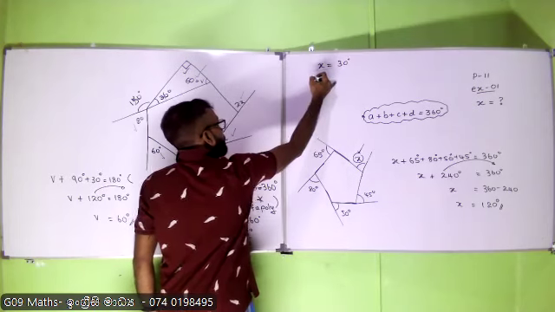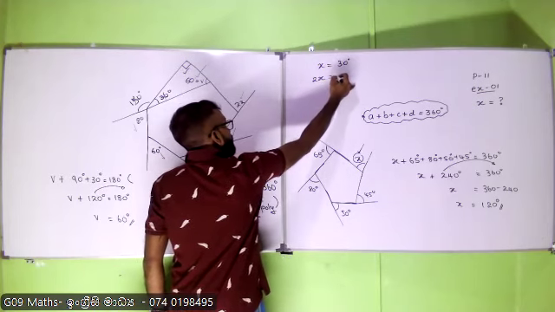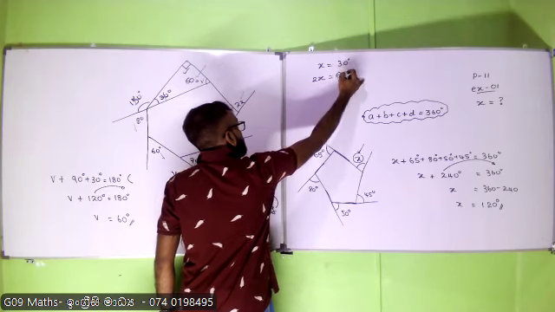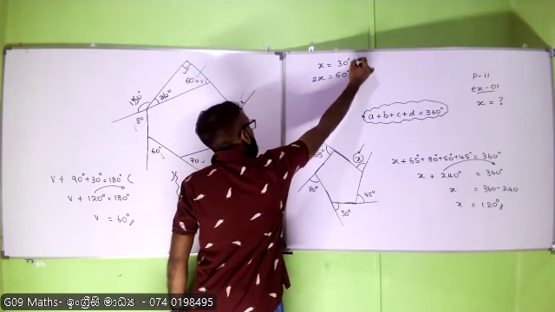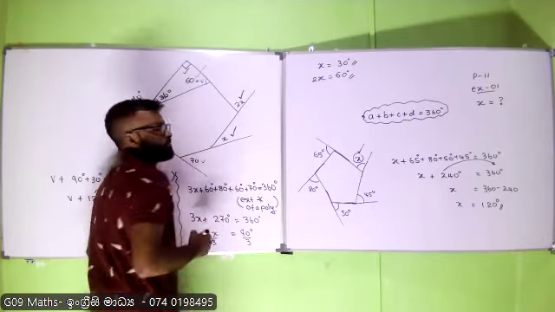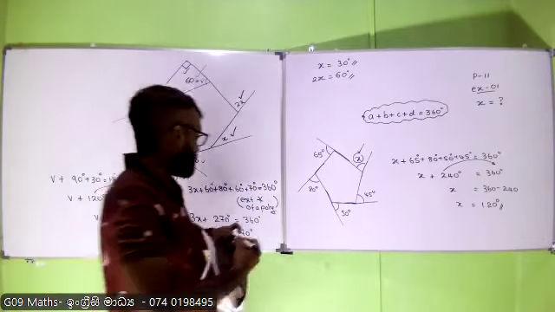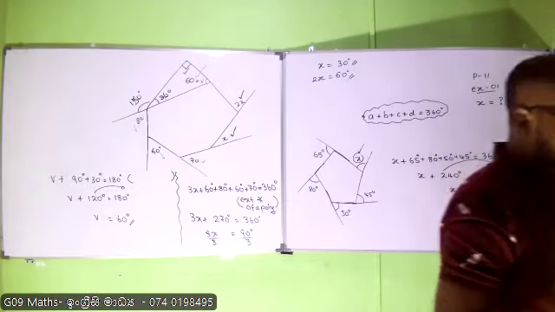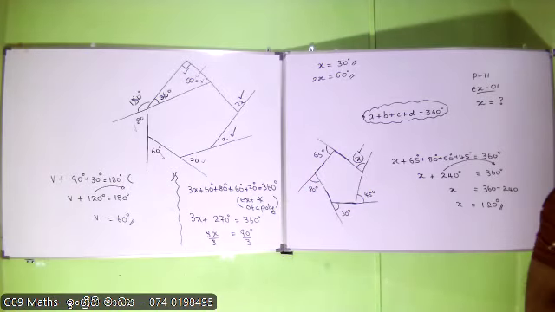If you want, you can find 2x as well. 2x means 2 times 30, 60, because this is x, this is 2x. So it is clear.